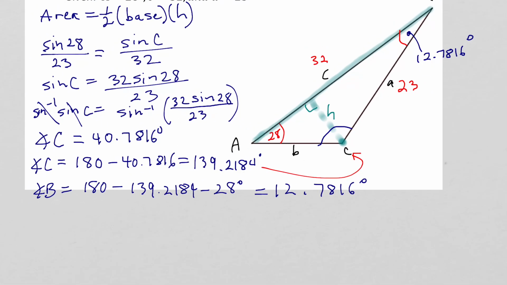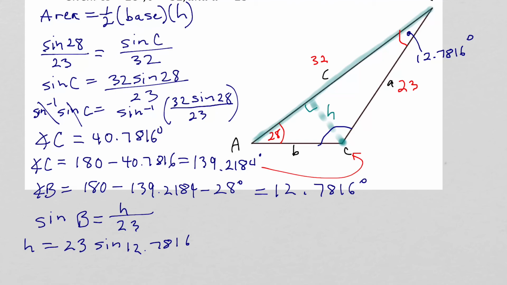So the next calculation: sine of the angle B is equal to h over 23, that's my hypotenuse. So h is equal to 23 times the sine of 12.7816. All right, so that gives me an h of 5.08841.